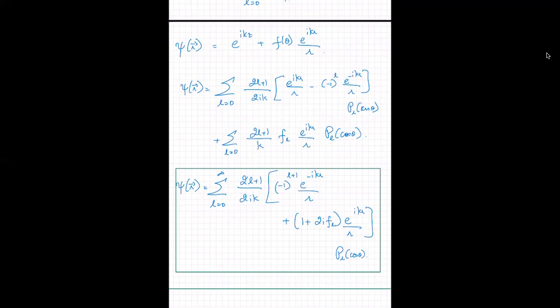We wrote e to the ikz as a linear combination of the Legendre polynomials, and we wrote f of theta as a linear combination of the Legendre polynomials. Once you do this decomposition, your wave function looks like the boxed equation that you see here. And this is where we ended things last time.